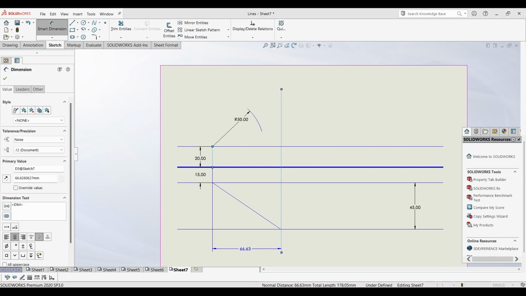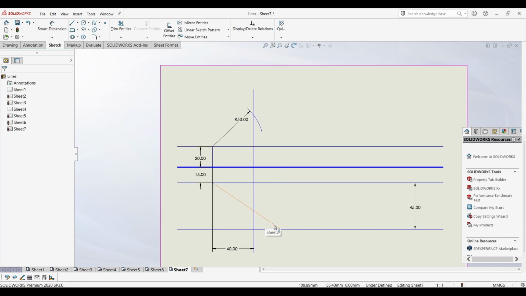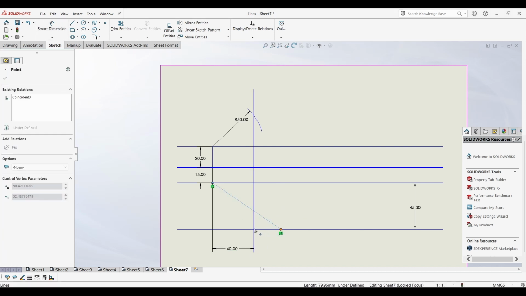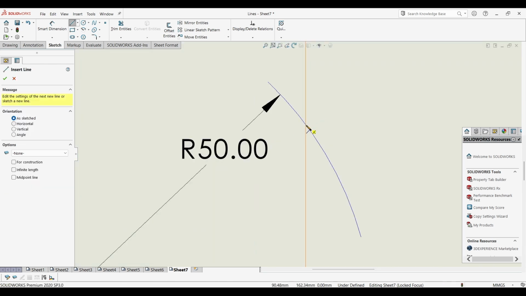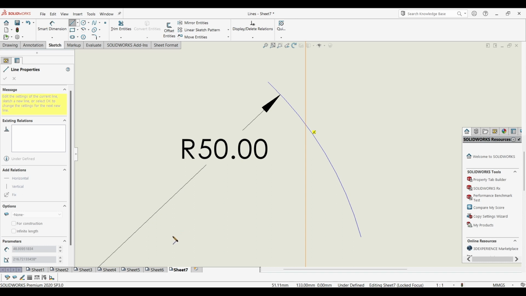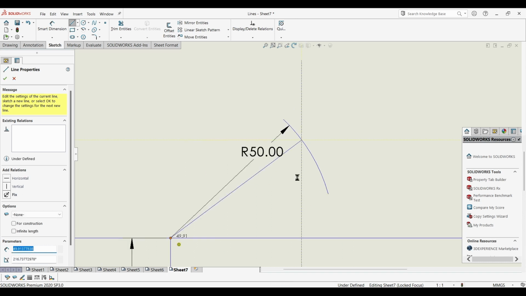Distance between end projector given to us is 40. Yeah, and this point would come and lie here. Okay, and this intersection, let us draw a line from this intersecting point till here, and that is 50.